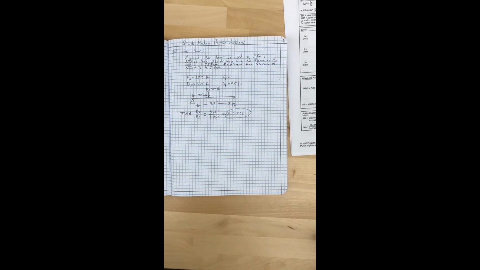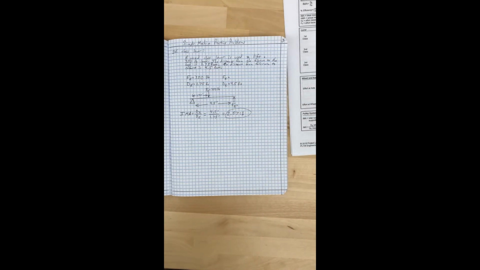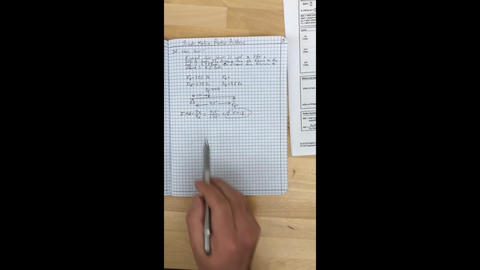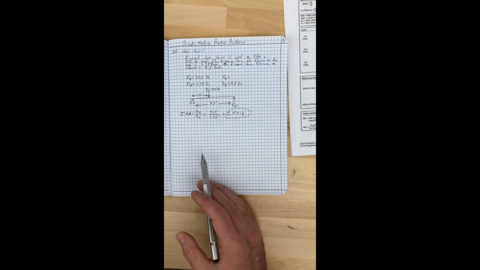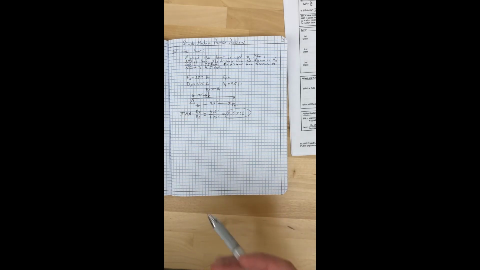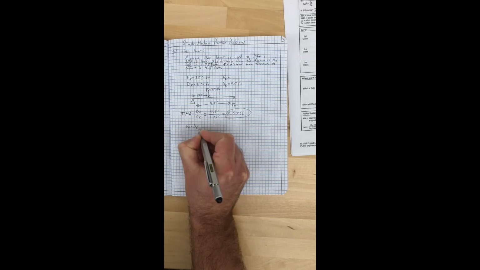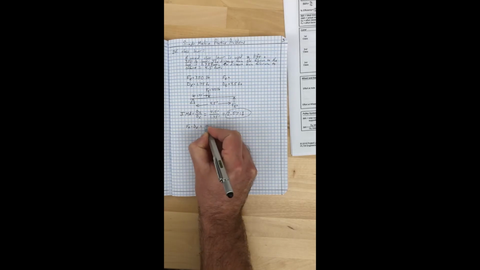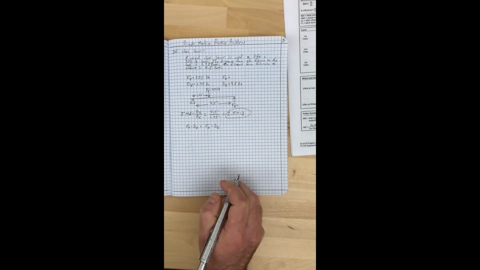Okay, so now the last step is we still need to solve for the effort force. To do that, we can use our equilibrium calculations, where we take our resistance force times the resistance distance and set it equal to the effort force times the effort distance. So F_R times D_R equals F_E times D_E.